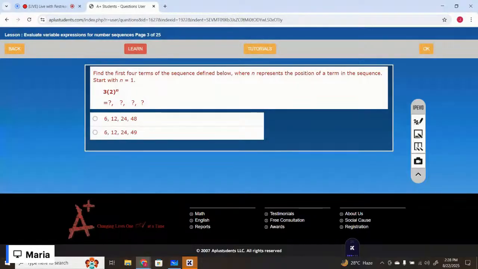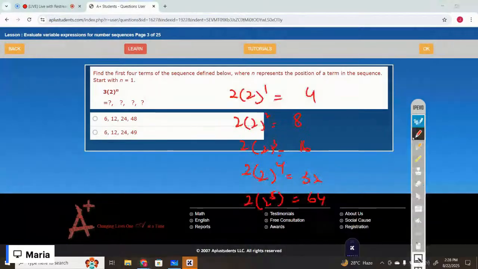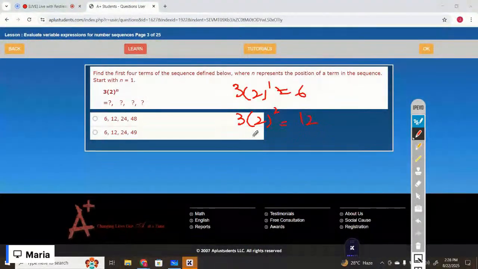So let's just start with n equals 1. 3 times 2 exponent 1 is 6. 3 times 2 exponent 2, 2 squared is 4, 4 times 3 is 12. 3 times 2 exponent 3, 8 times 3 is 24. 3 times 2 exponent 4, 16 times 3 is 48. So the numbers are 6, 12, 24, and 48.